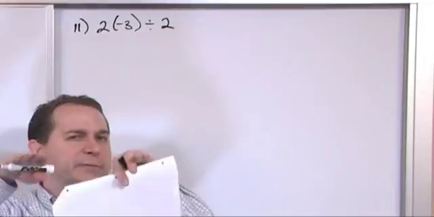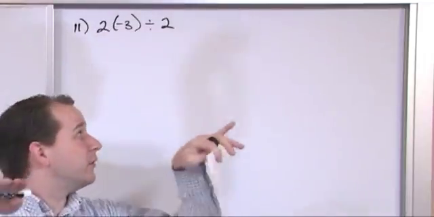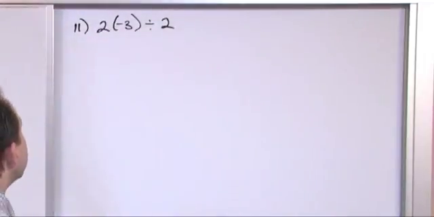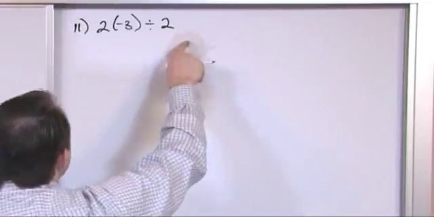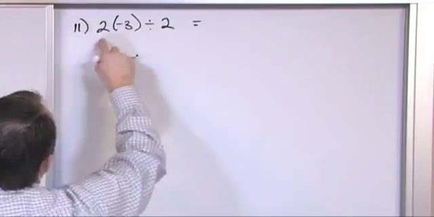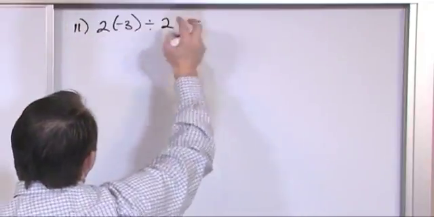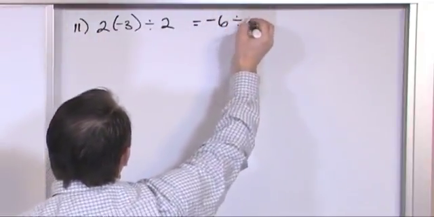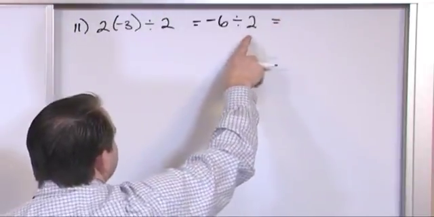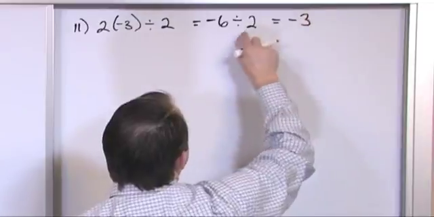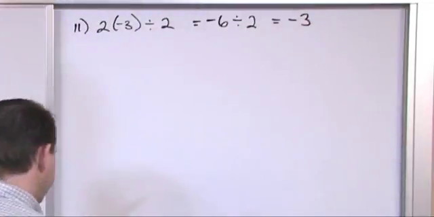So anytime you have multiplication and division on the same level, on the same line, you just go from left to right. You work on it like a sentence. You start here and you go that way. So 2 times -3, signs are different, so it's going to be -6. Still have to divide by 2. And then we say -6 divided by 2 is going to be -3, because these signs are different, so you have to have a negative out there.